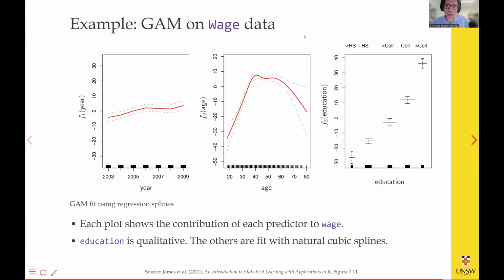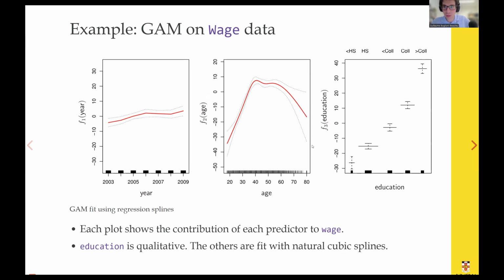So, and that's a good thing with GAMs. Interpretation is still easy. You can interpret the individual effect of individual predictors as you would in a model with only one predictor, right? So, all the other predictors held constant, you still have that, as age increases like that, the wage initially increases and then decreases.